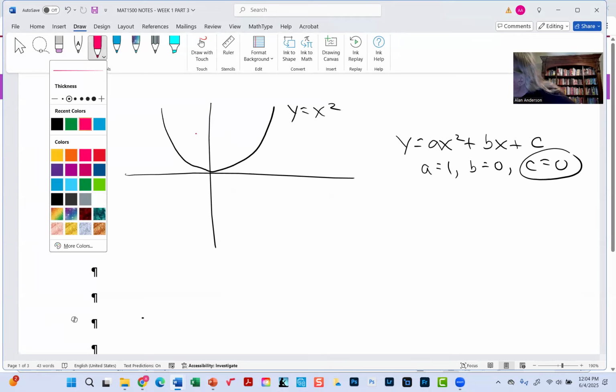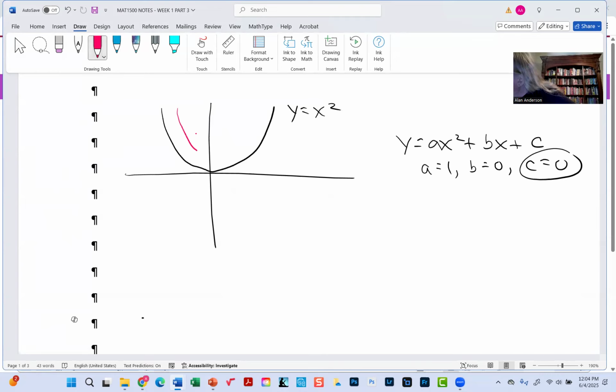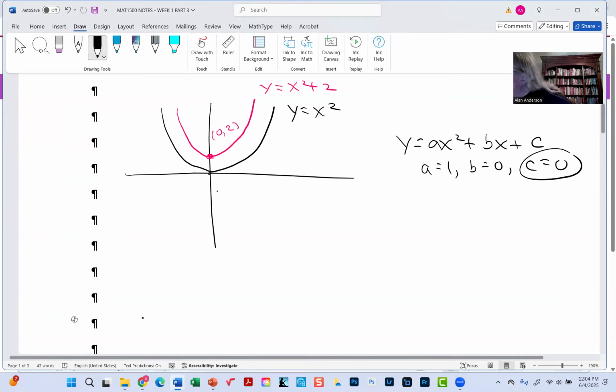by the way, I can use different colors here, which is kind of nice. So in this case, the intercept is 2, meaning that this is where it crosses the y-axis.